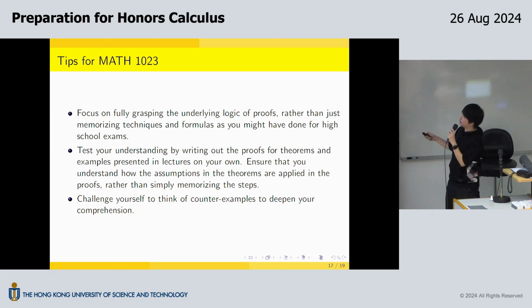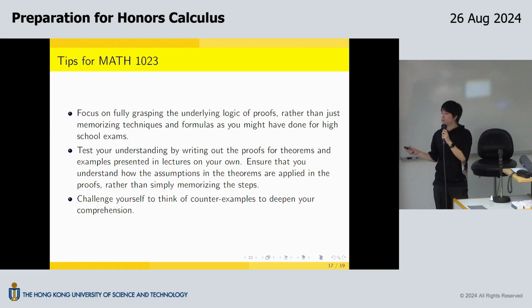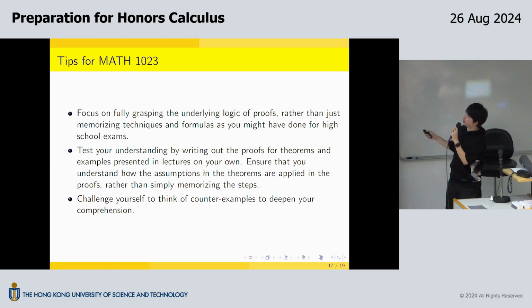You can test your understanding by writing out the proof for the theorem examples you have learned in lectures on your own. After you think you understand the material, close the book, don't look at the solution, and try to work out the proof on your own for those theorems and examples. Also ensure that you understand the assumptions in the theorem and how these assumptions are applied in the proof, rather than simply memorizing the steps.